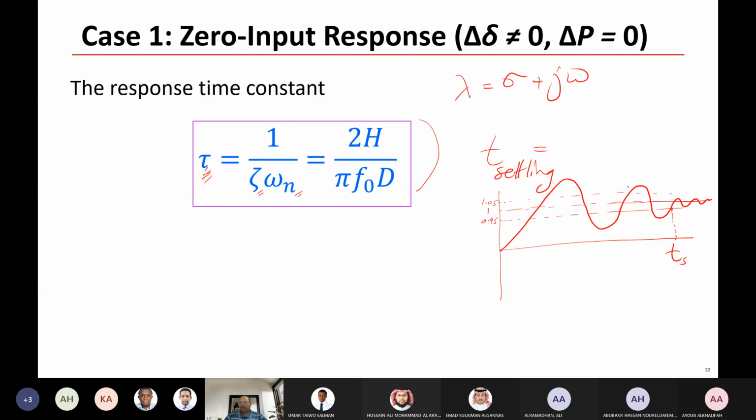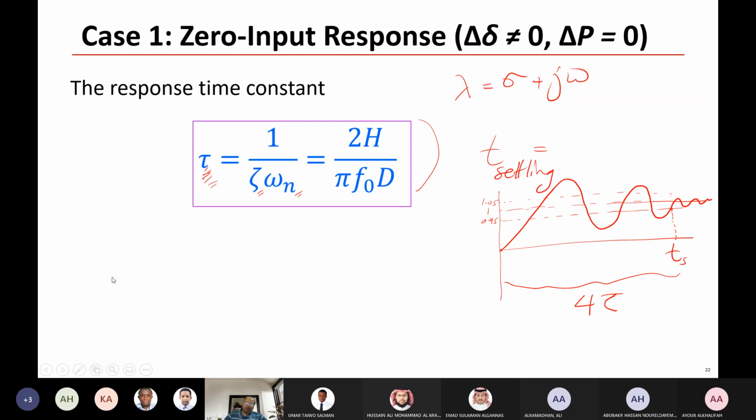Definitely the system, the oscillations are almost dampened out, so this is the settling time. Usually the settling time is almost 4 tau.